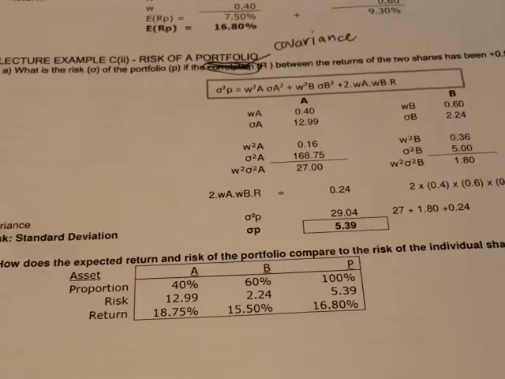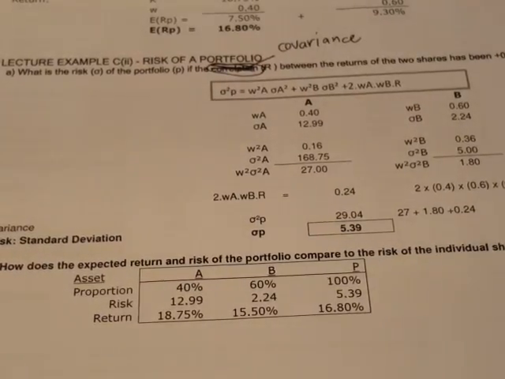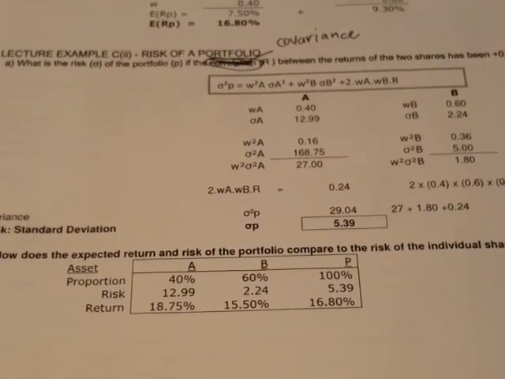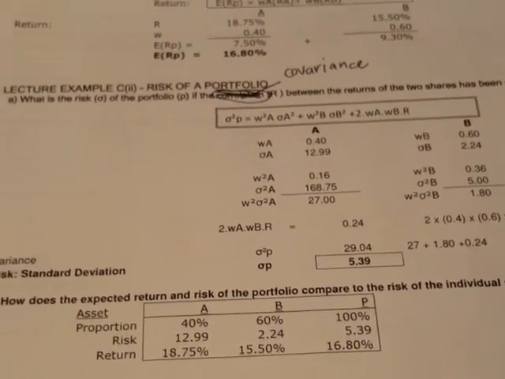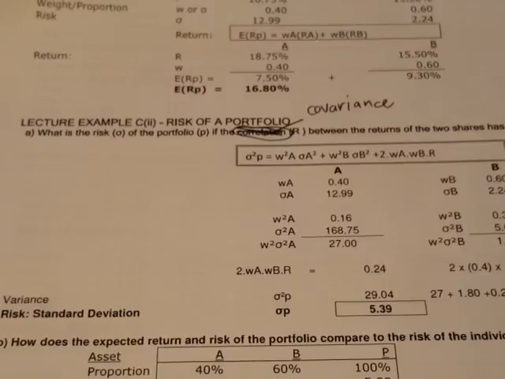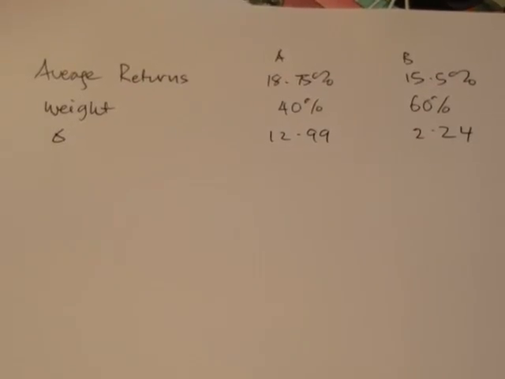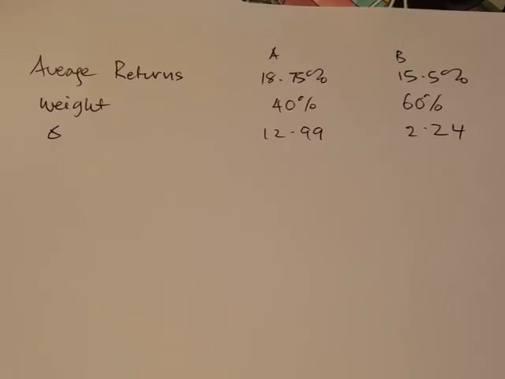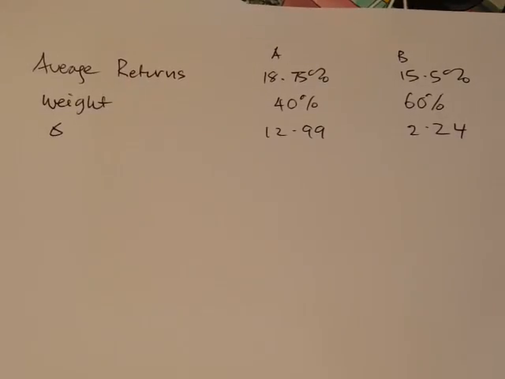So if we look at example C2, page 2, this is the information given. Average return we calculated for share A and share B. Now they don't buy a single asset anymore.